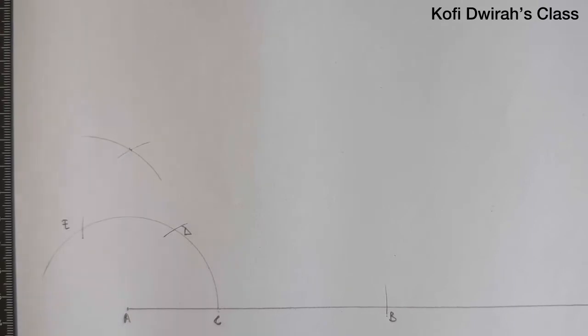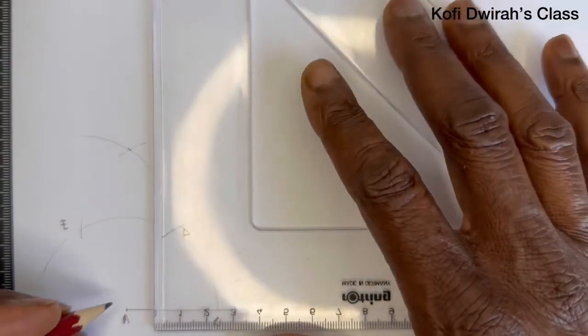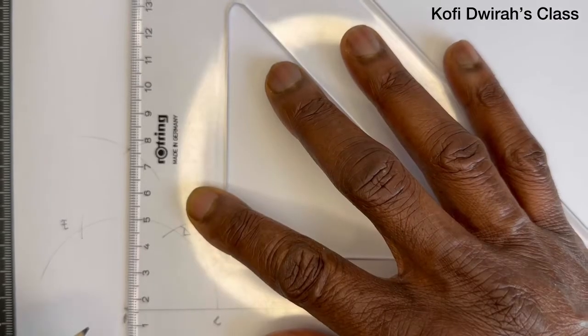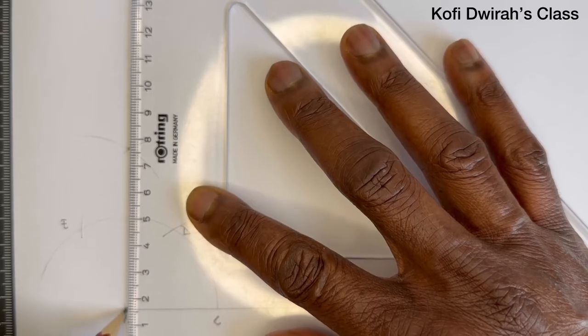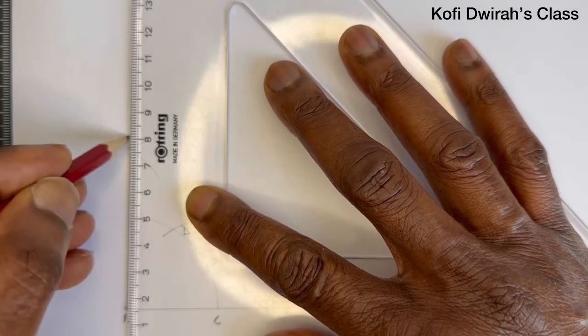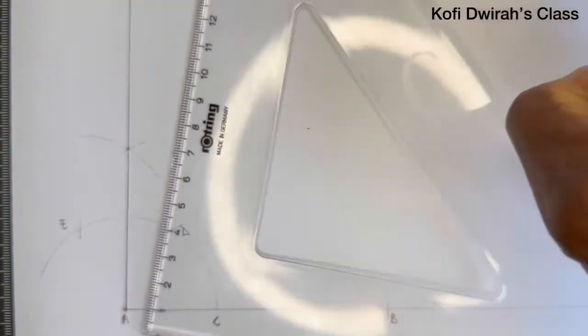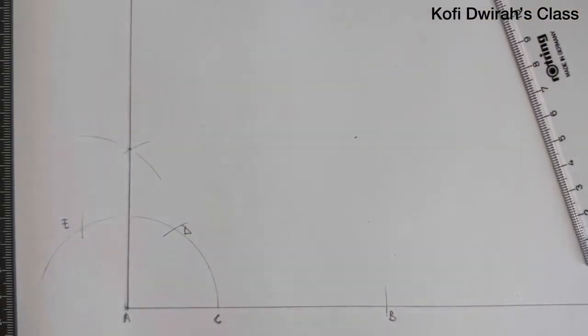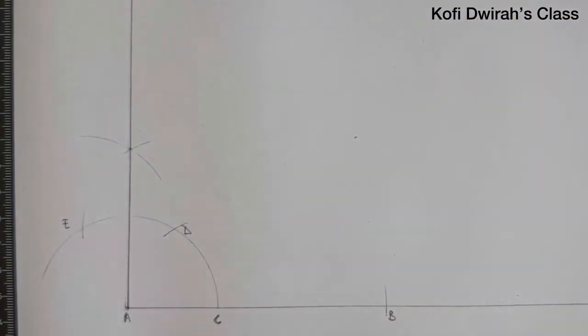Good. So now the angle here is 90 degrees. So now we have AB to be 100 millimeters or 10 centimeters. That is one side of the rectangle.